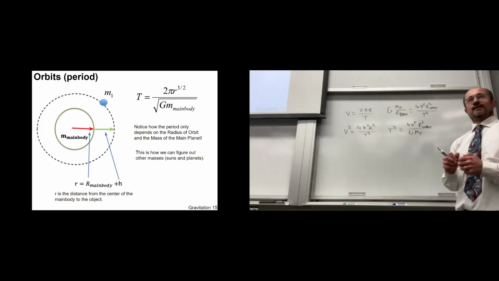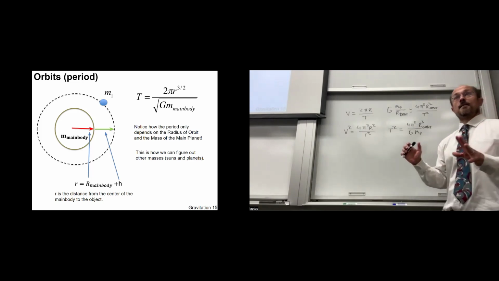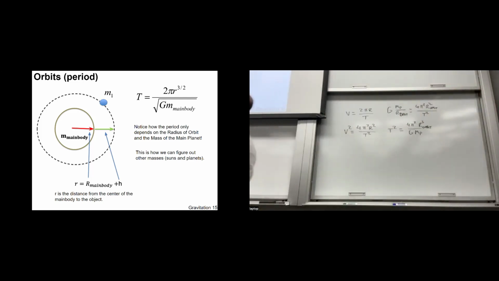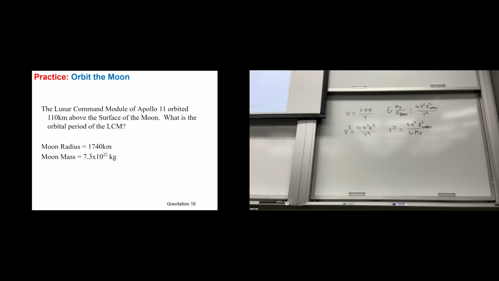You orbit whatever you like. Is everyone good with that? So you should know these 4 equations. I'll have to bring the camera back over. So let's calculate the orbital period of the lunar command module.